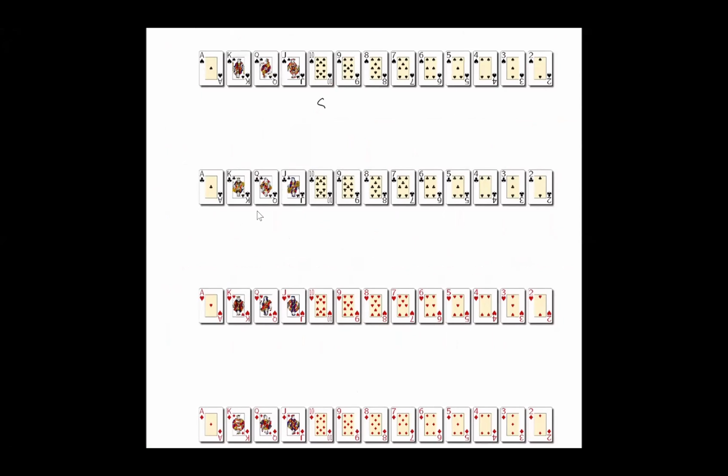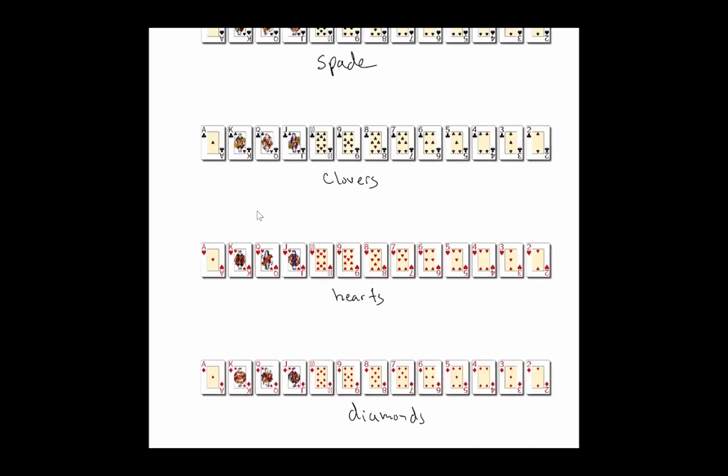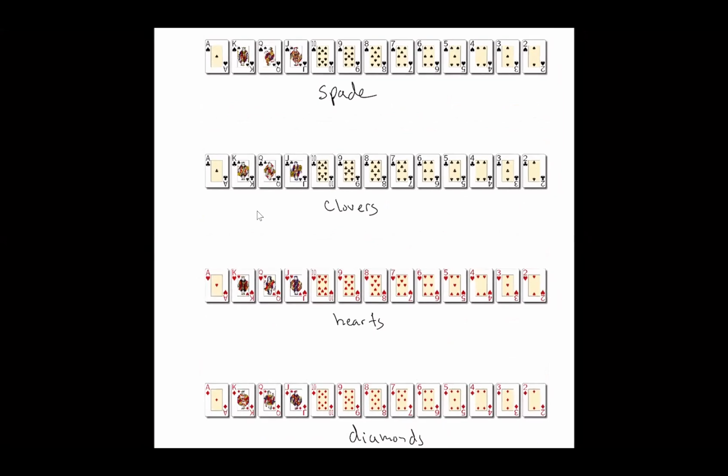So these are spades, these are clovers, these are hearts, and lastly, these are diamonds. So if you don't know anything about cards, you might want to stay on this page and work out the next problem, because you do kind of want to know something about cards.